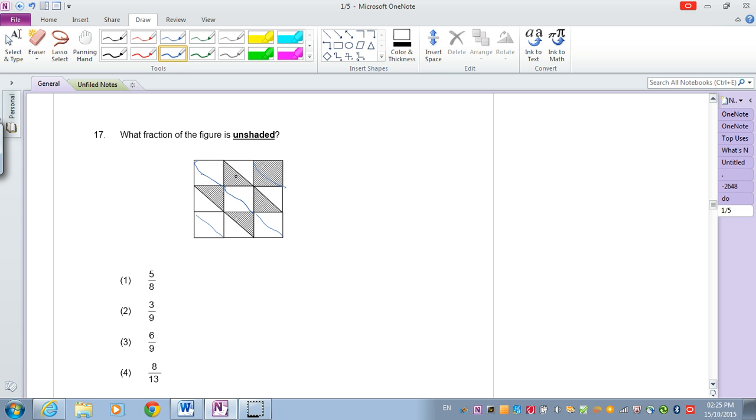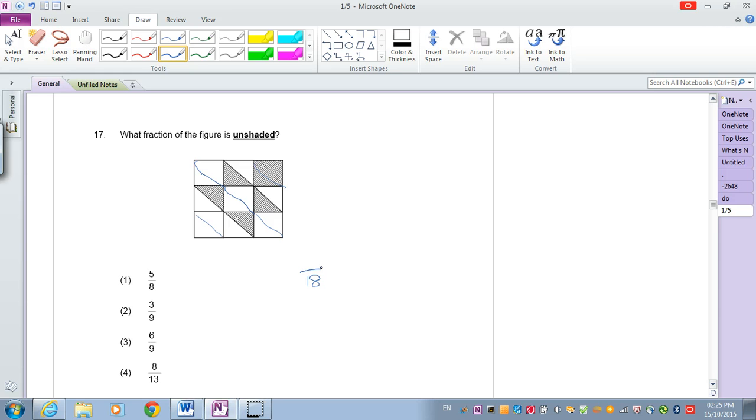So let's count all together. How many parts would you have? You will have 1, 2, 3, 4, 5, 6, 7, 8, 9, 10, 11, 12, 13, 14, 15, 16, 17, 18. Which means that the denominator will be 18, because the denominator always tells me my one whole is cut into how many parts.